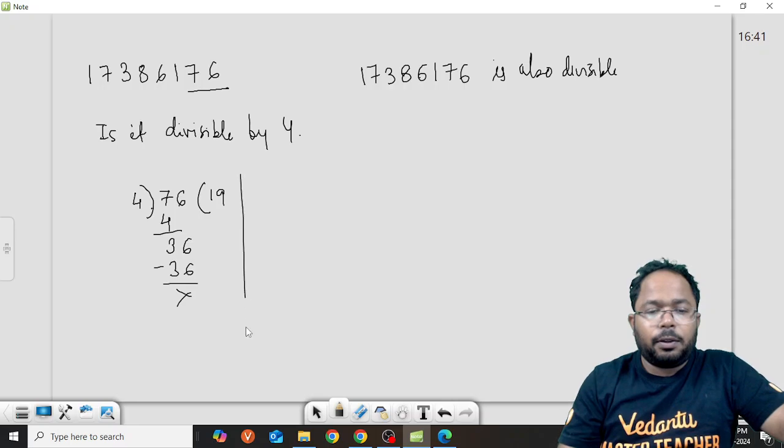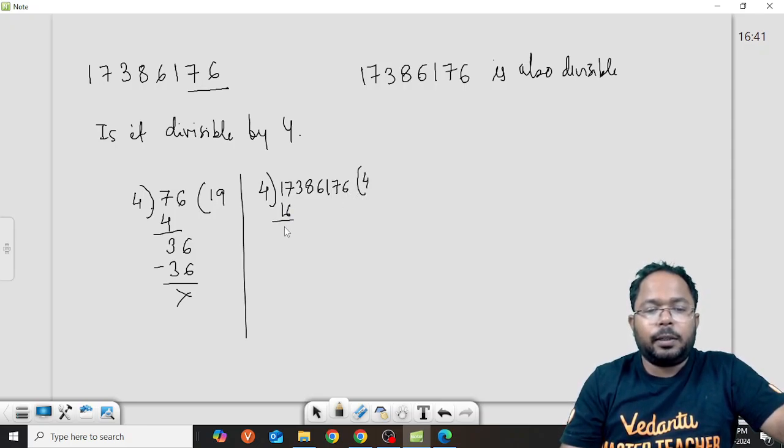We can check that also. Let's take 17386176 and divide by 4. 4 into 4 is 16, 13 would be the remainder. 4 3s are 12, then we get 18. 4 into 4 is 16, then we get 26. 4 6s are 24.